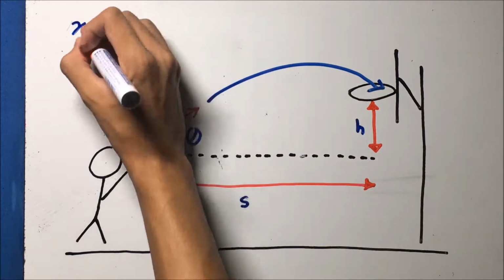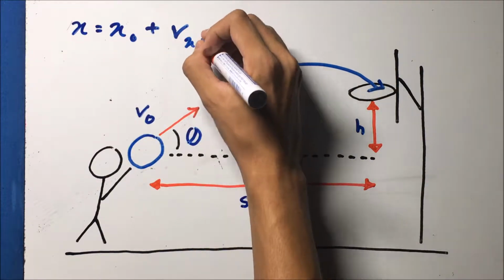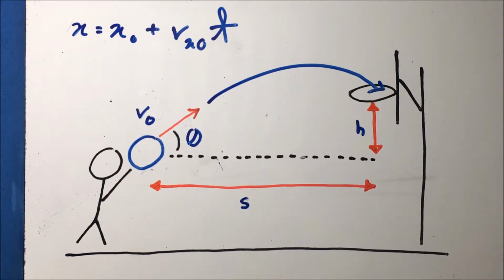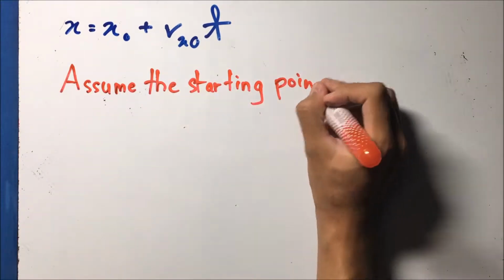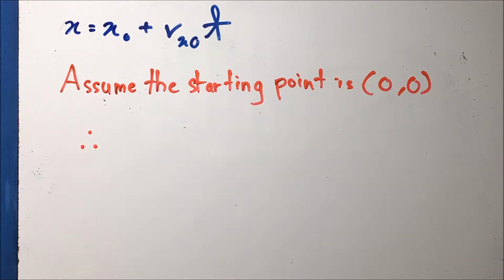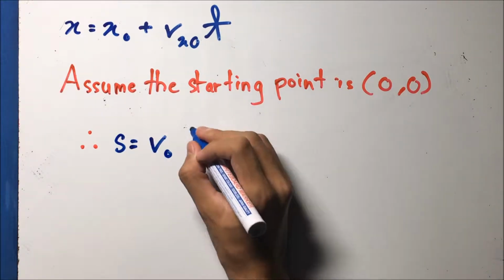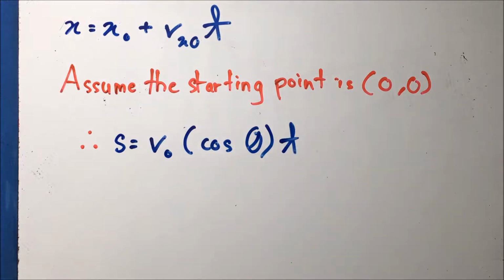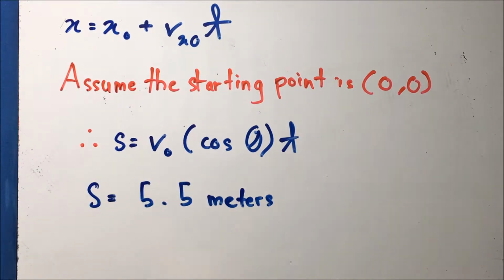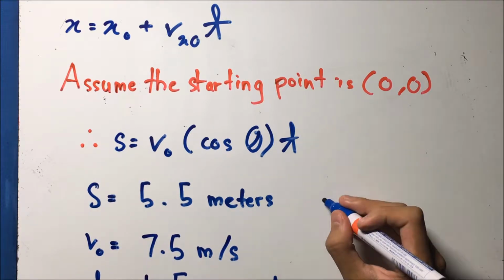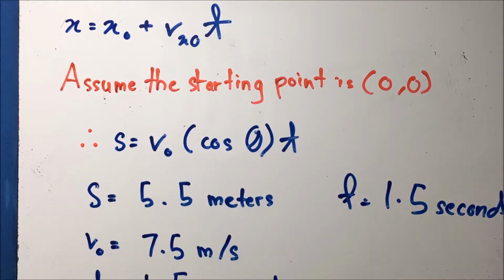So using the equation of motion as written, the x exists, so we can assume the starting point is 0, 0. So with that, we can find the equation of length derived from that equation. So I give the information. Displacement is 5.5 meters. The initial velocity is about 7.5 meters per second, and time is 1.5 seconds.